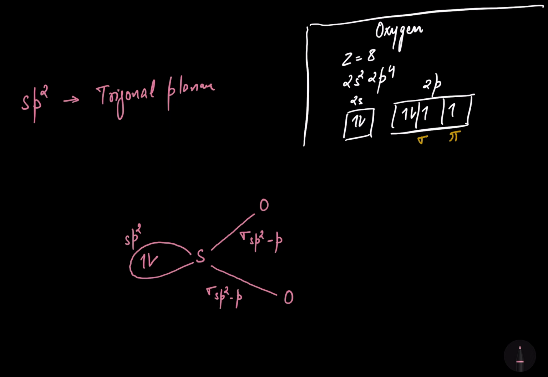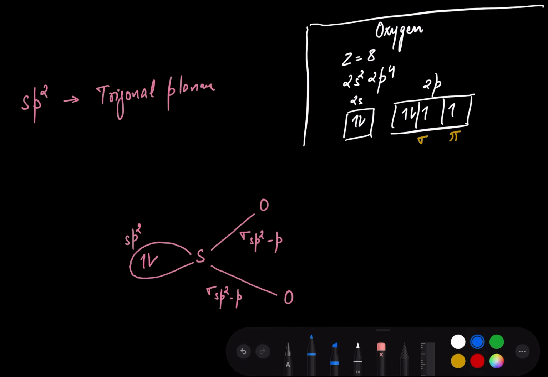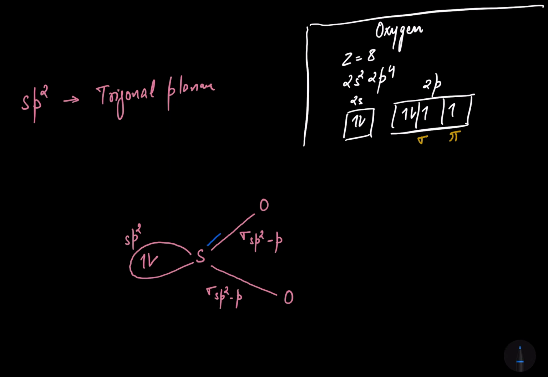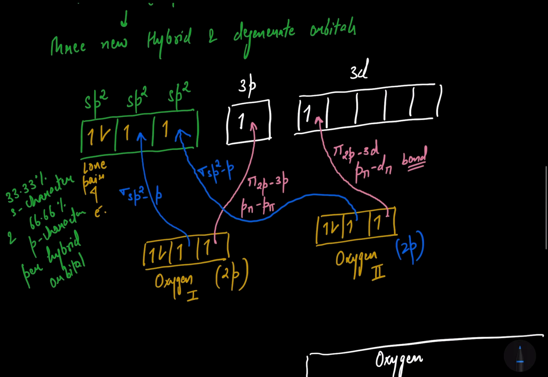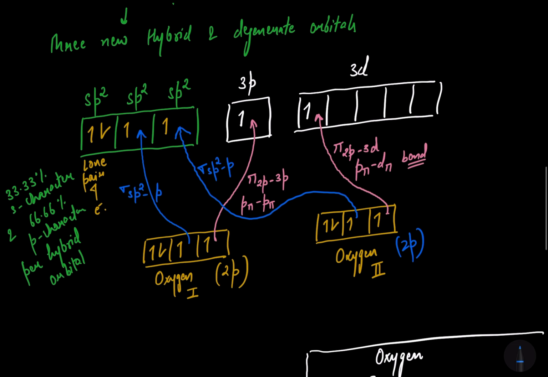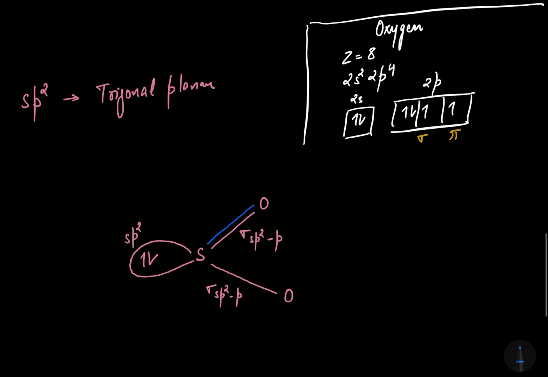Now let's talk about the pi bonds. The sulfur is also forming a pi bond with oxygen. This pi bond is formed by the lateral overlap of 3p orbital of sulfur with 2p orbital of oxygen number 1. So this is the p pi bond.